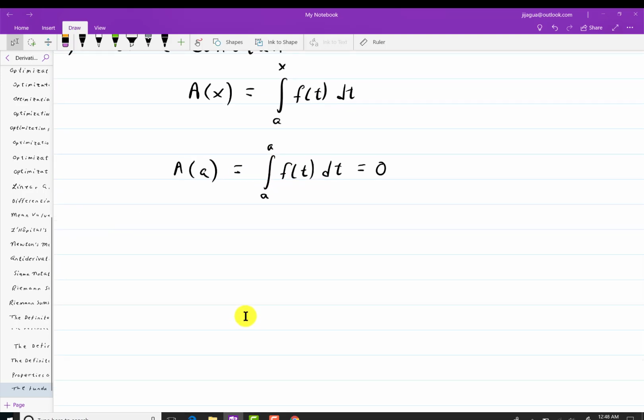And then what is capital A of b? Well, capital A of b equals the integral from a to b of f of t dt. That's nice because that's equal to capital F of b plus that constant I mentioned.